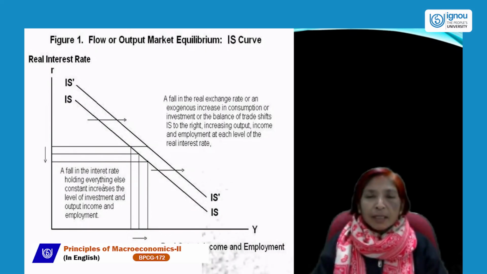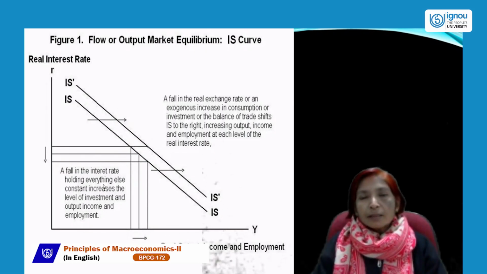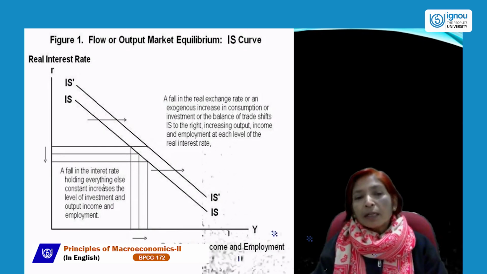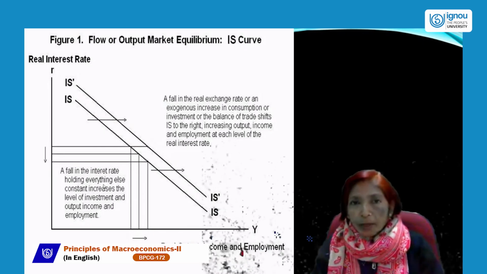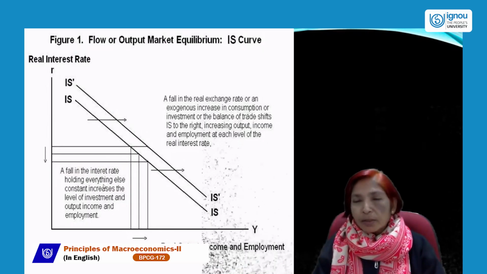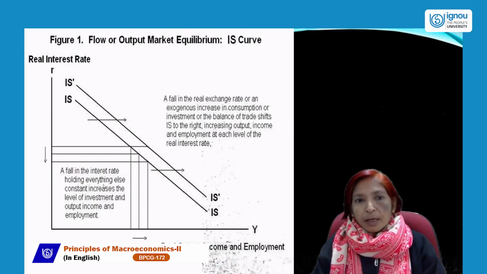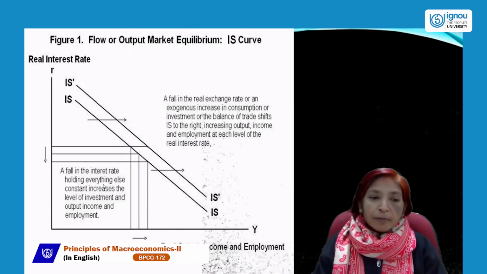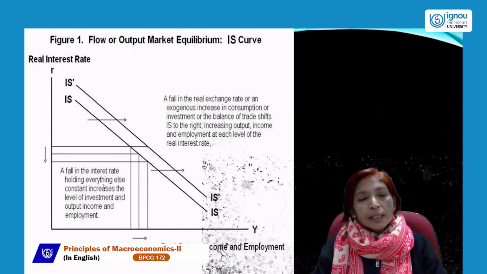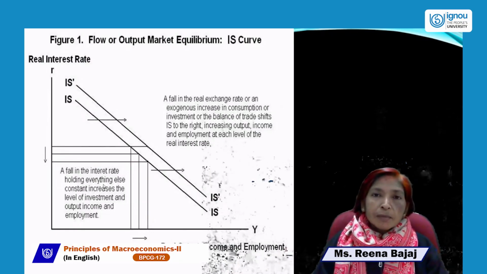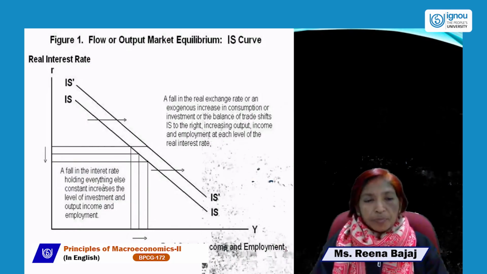The balance of trade shifts the IS curve rightward. If the IS curve shifts rightward, then output, income and employment will increase at each level of the rate of interest. And a fall in the interest rate, holding everything else constant, increases the level of investment, output, income and employment.